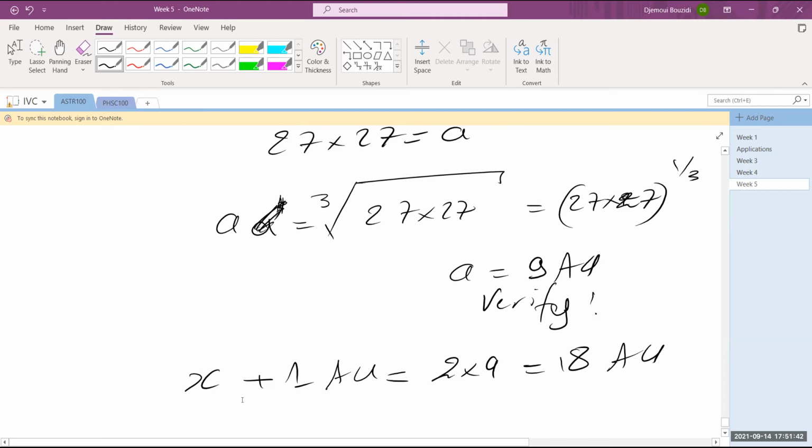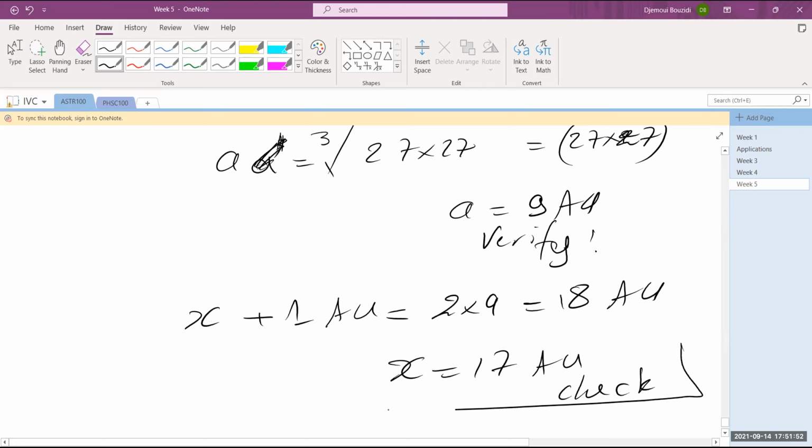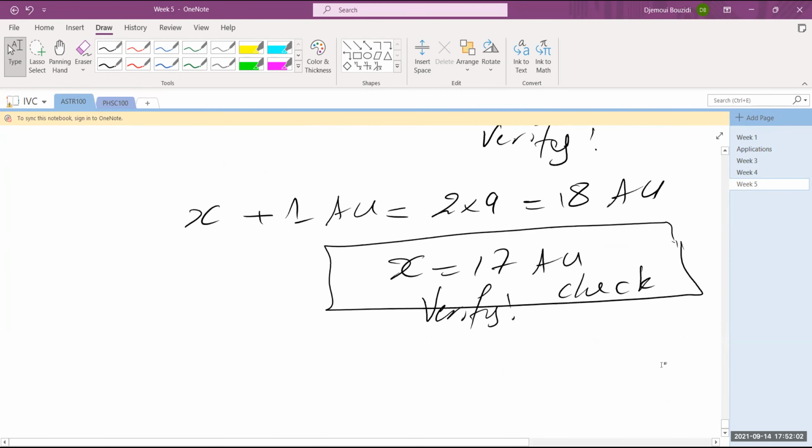And what number should I add to 1 to get to 18? That is 17. So again, x is equal to 17 astronomical units. Please check and verify. Don't take my word for it.